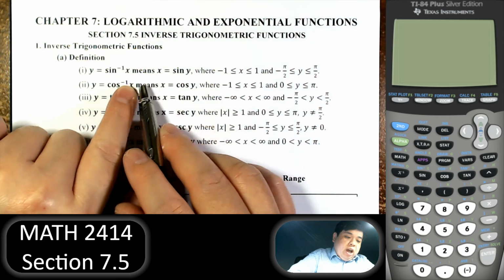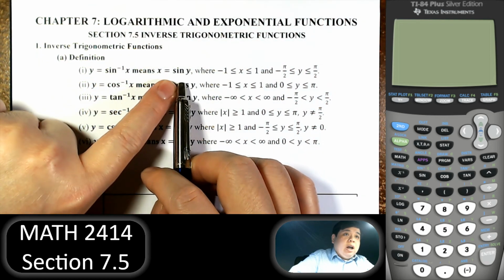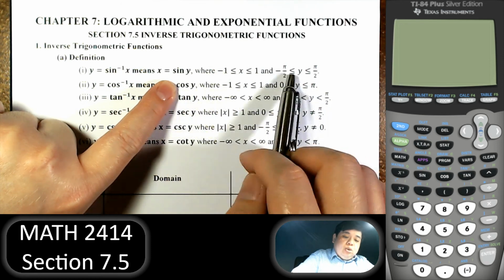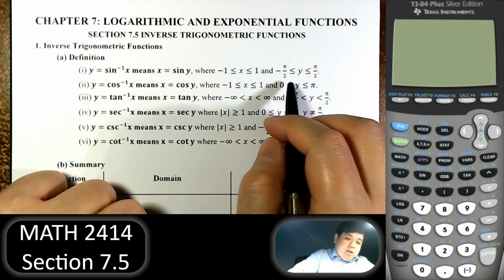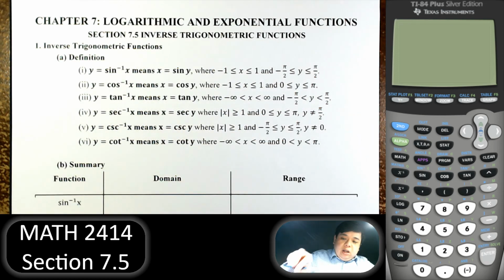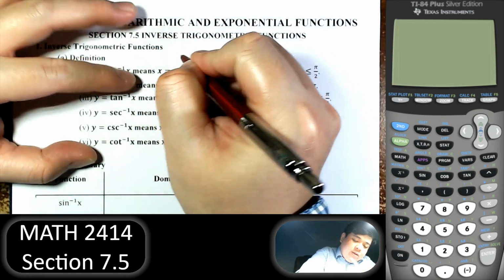If we have y equal to sine inverse of x, we mean x equal to sine of y. It's important that it has to satisfy this domain and range.